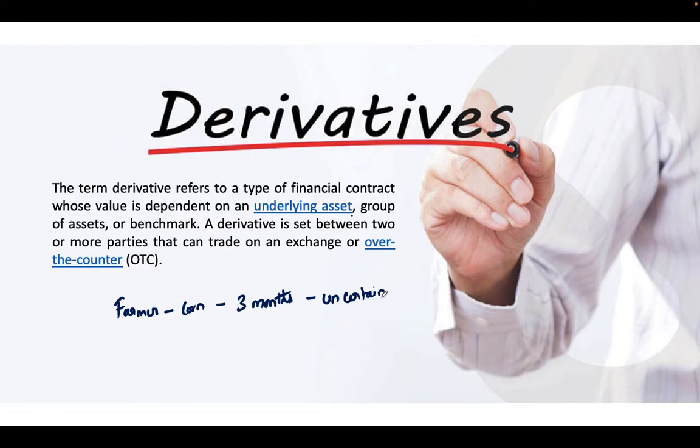A derivative is a contract which will enable him to enter into a firm contract today to sell a fixed quantity of corn of an agreed upon quality at a mutually agreed price at the time specified.